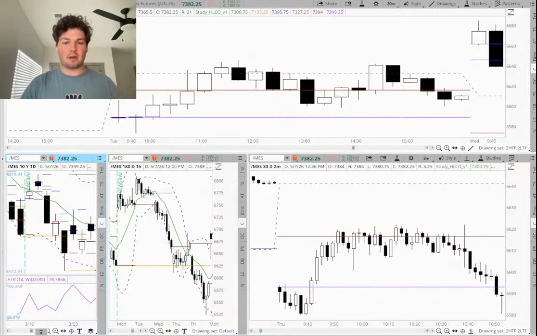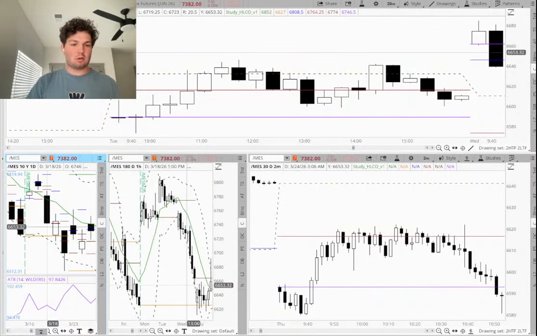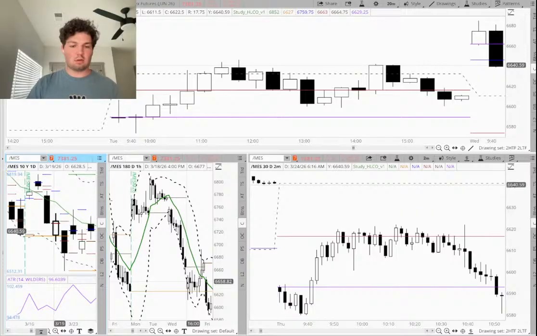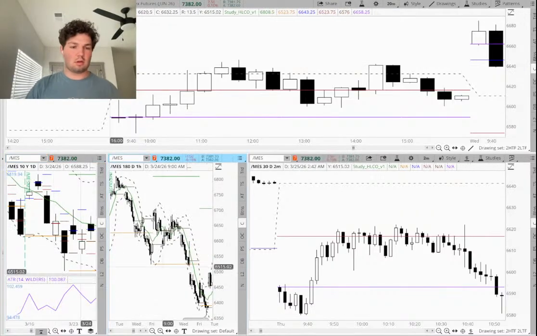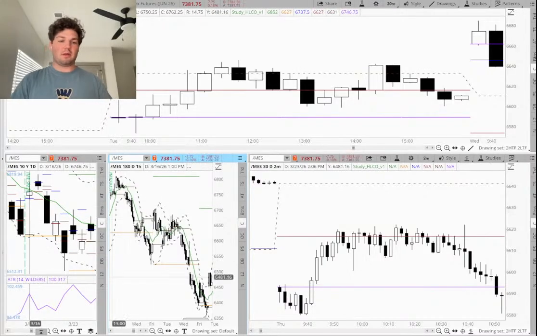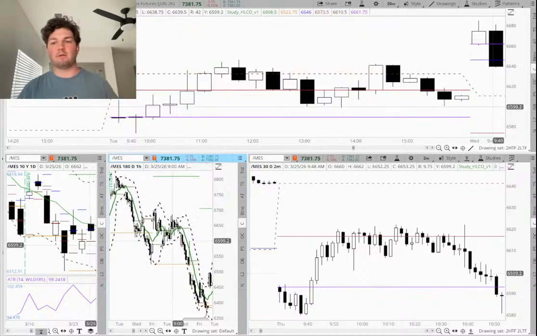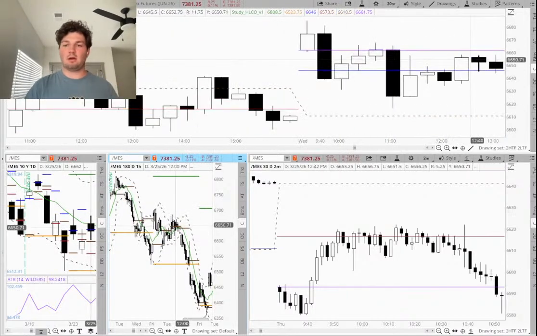Right here, we're kind of in a downtrend. I would think that would continue. So this probably wouldn't be a day where I interfere. So I'm comfortable leaving that.